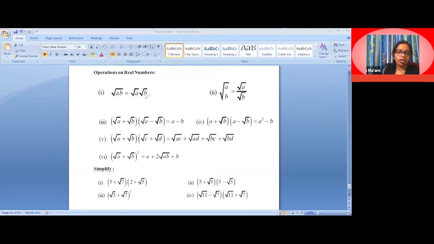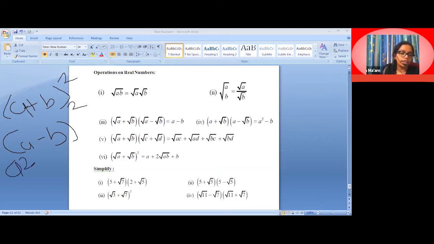Now we know how to do expansion of (a plus b) bracket square, or (a minus b) bracket square, or if you have a square minus b square. Everyone knows this, right? Tell me the expansion of (a plus b) bracket square.